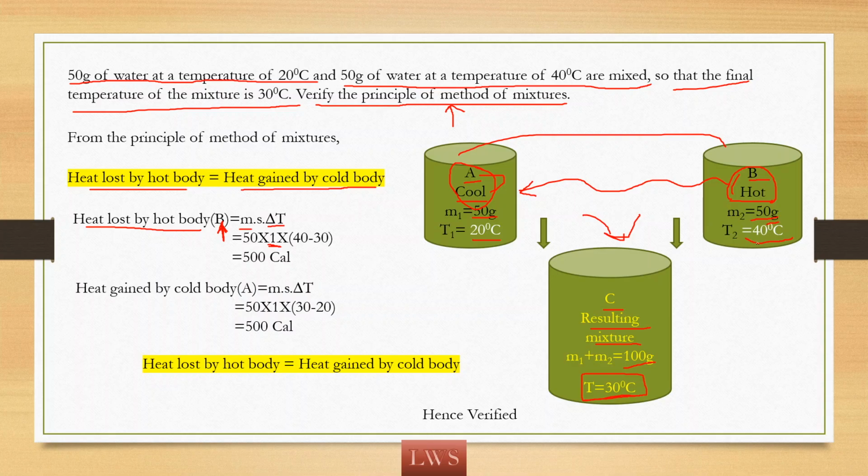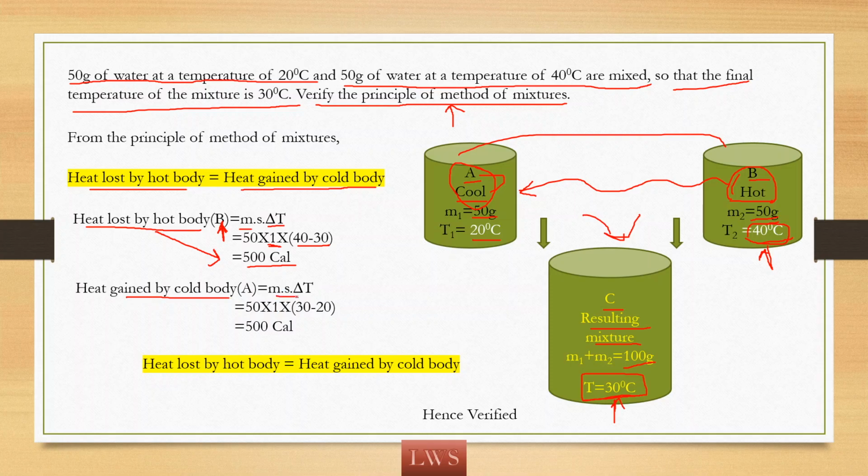Here the initial temperature of B is 40 and the final temperature is 30. To calculate the change, high temperature minus low temperature. Here 40 is high, 30 is low. So 40 minus 30. So 50 into 1 into 10, that is 500 calories. So the amount of heat lost by B is 500 calories.